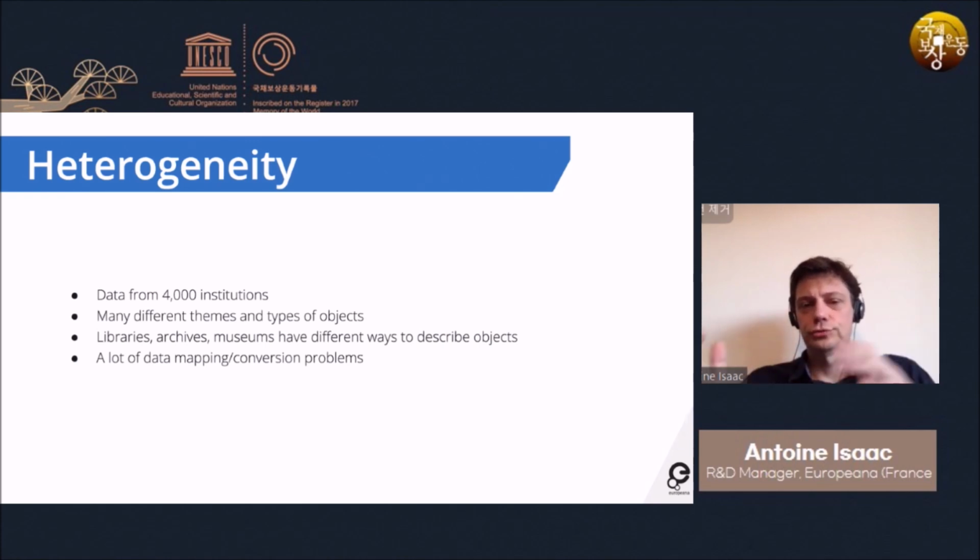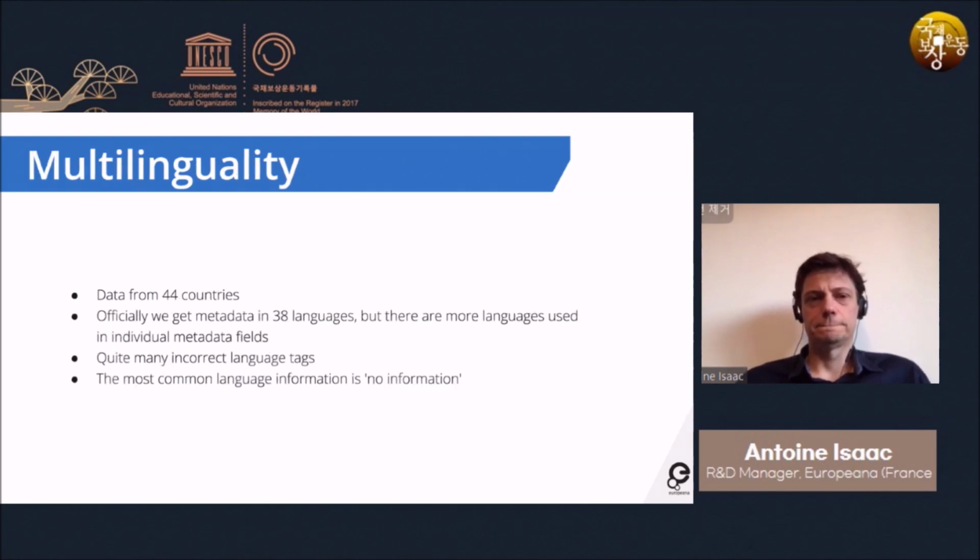So they all try to fit the best practices in their field, which is good when organizations act in isolation or within a very specific domain. But when it comes to a broad domain, then there can be some issues. And we have what we dare to believe a good data model, but still there was a lot of data mapping problems, a lot of data conversion problems when our partners would give us the data.